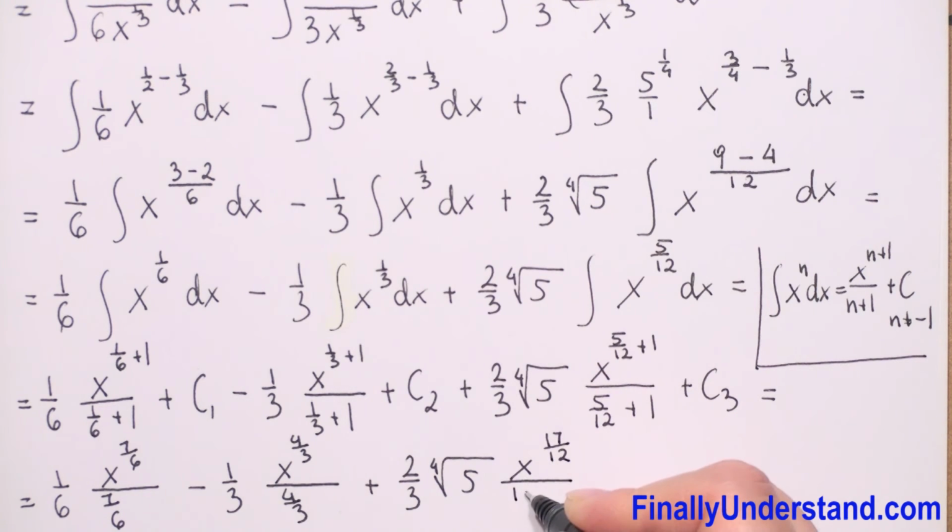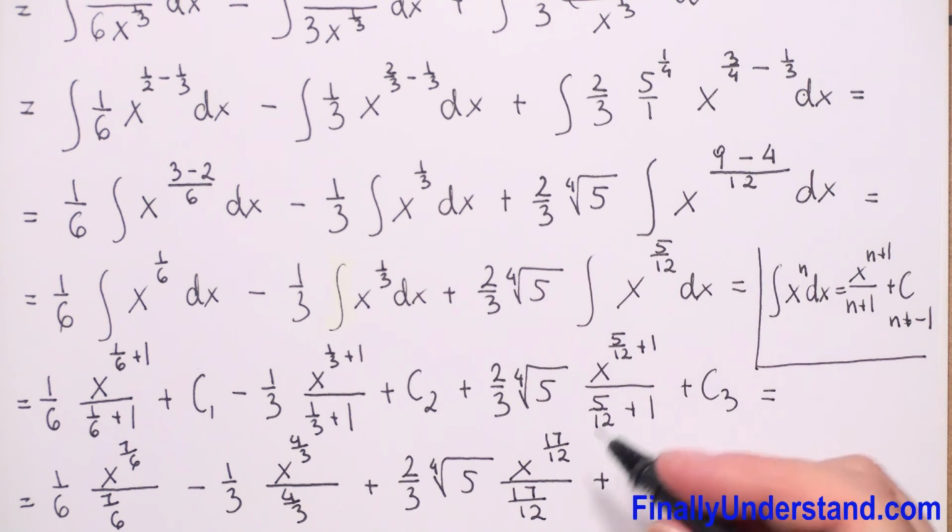The denominator is the same as the exponent, 17/12. And we can combine these constants, so it will be C.